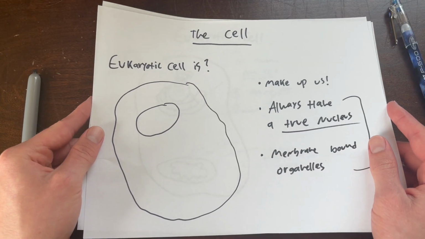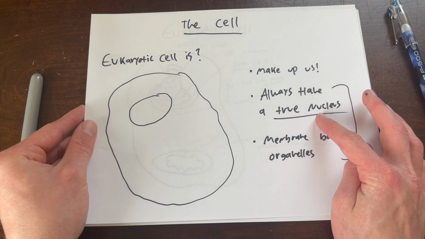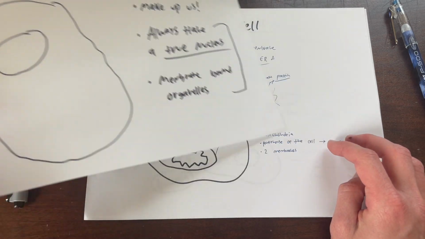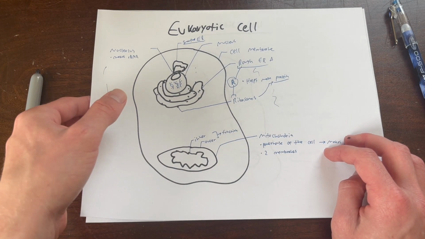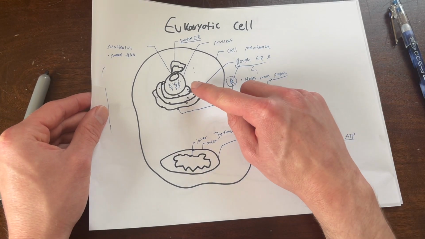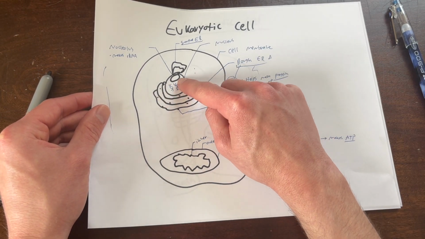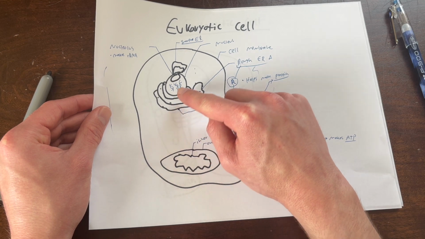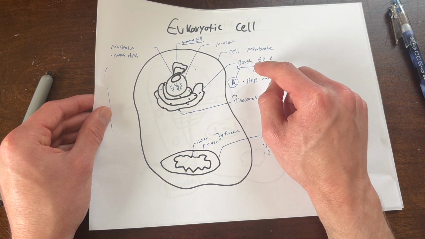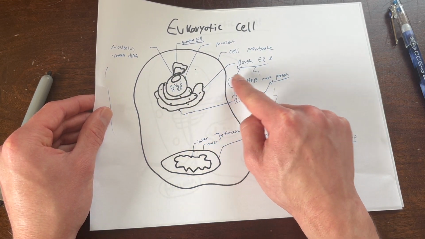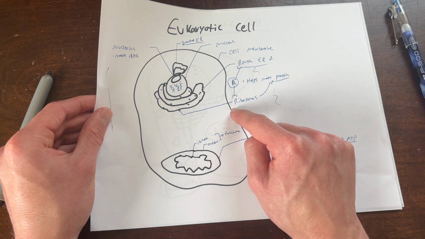Here is a eukaryotic cell. They always have a true nucleus and they have membrane-bound organelles. Okay. These organelles are the nucleus, which contains DNA, the rough and smooth endoplasmic reticulum, where the rough helps make protein because they have ribosomes.